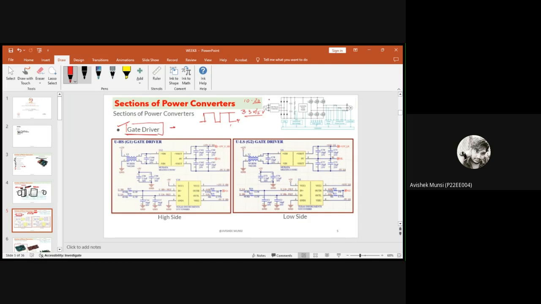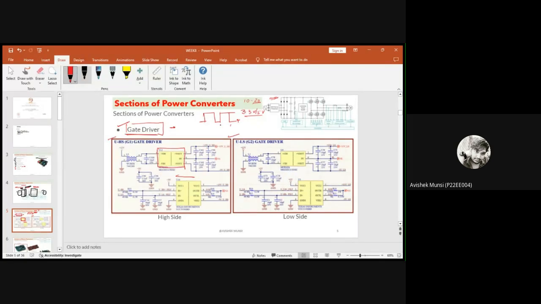In this specific inverter which I am showing, based on the lecture of this week, it has a high side gate driver and a low side gate driver, using a specific IC for gate driving. This is a Texas controller board from which you get the PWM pulse and then send it into the gate driver to ultimately drive the MOSFETs here.